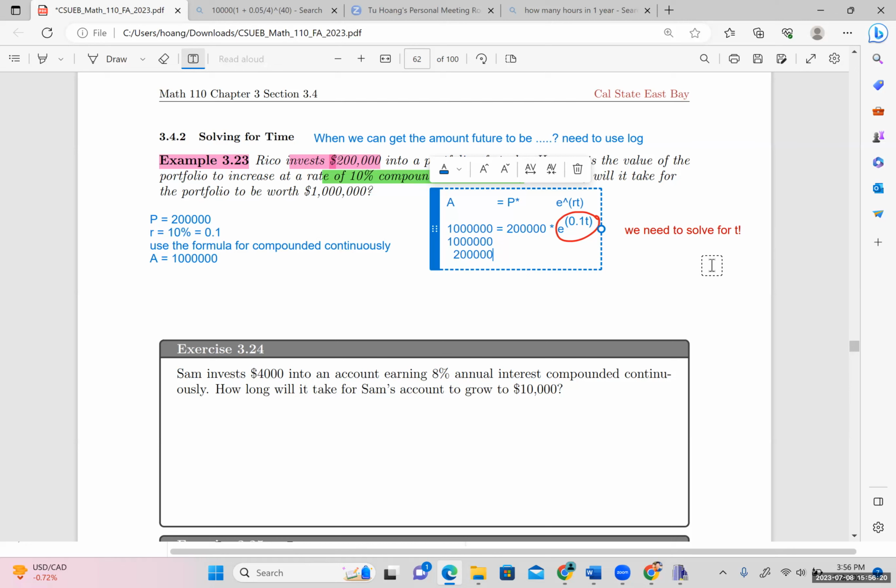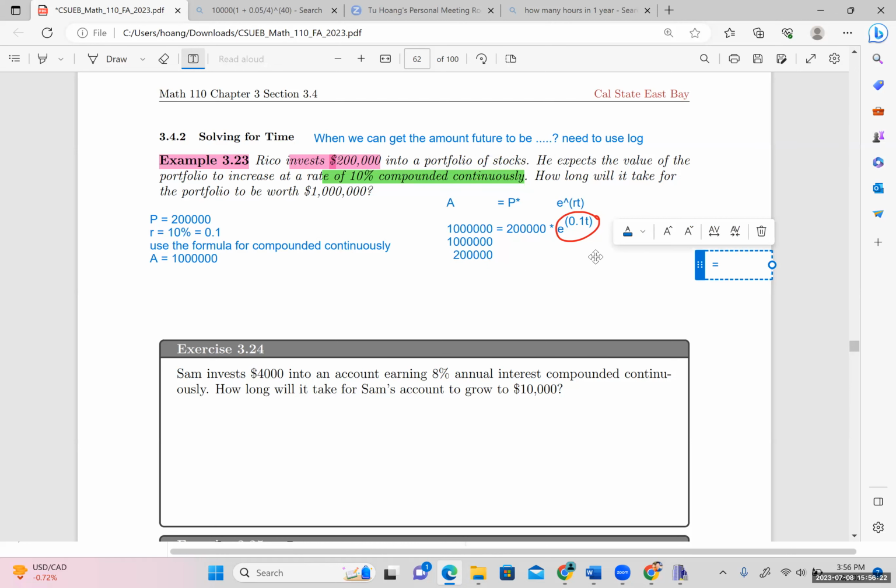Okay, and you will get e raised to the power 0.1t. Okay.